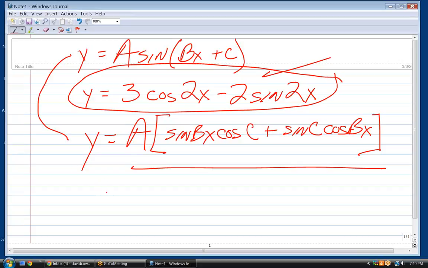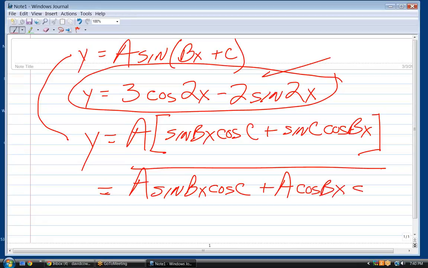So they distribute it. So you're saying the next step should be a cosine c sine bx plus a cosine bx sine c. Well, there are some parentheses in there. A cosine c is in parentheses, like the first part, and then it's sine bx.